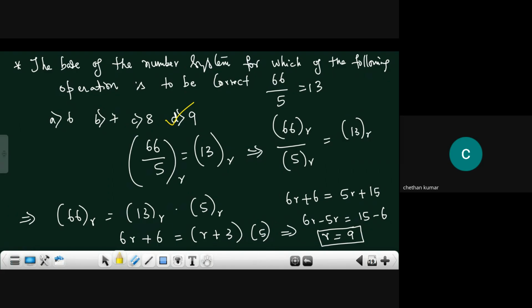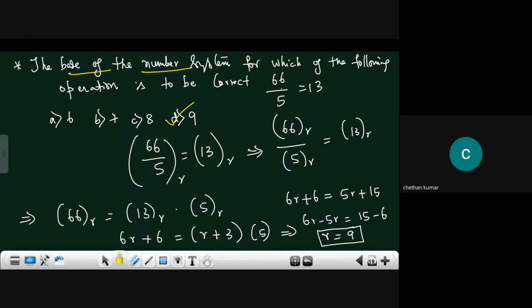See, what I did is, my number is 66 divided by 5 is equal to 13. But he's saying that I need to find out the base of this number.